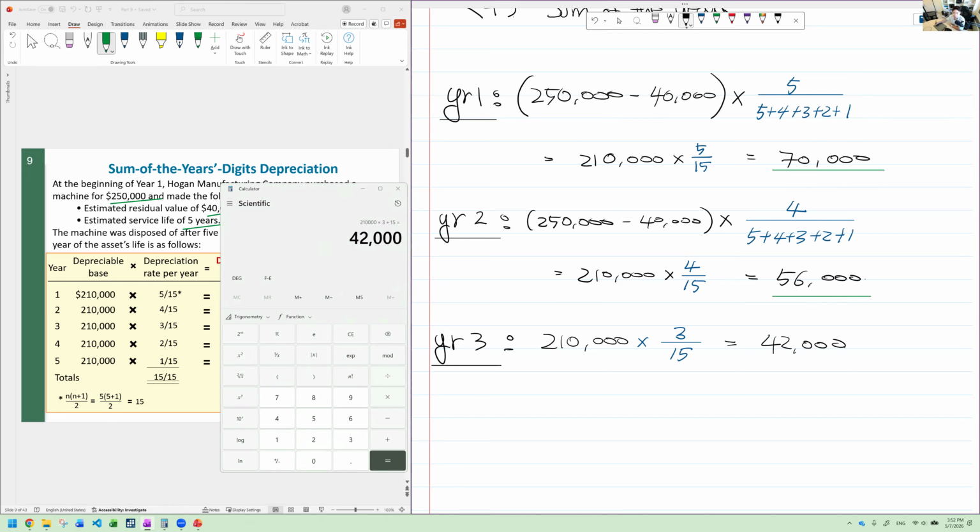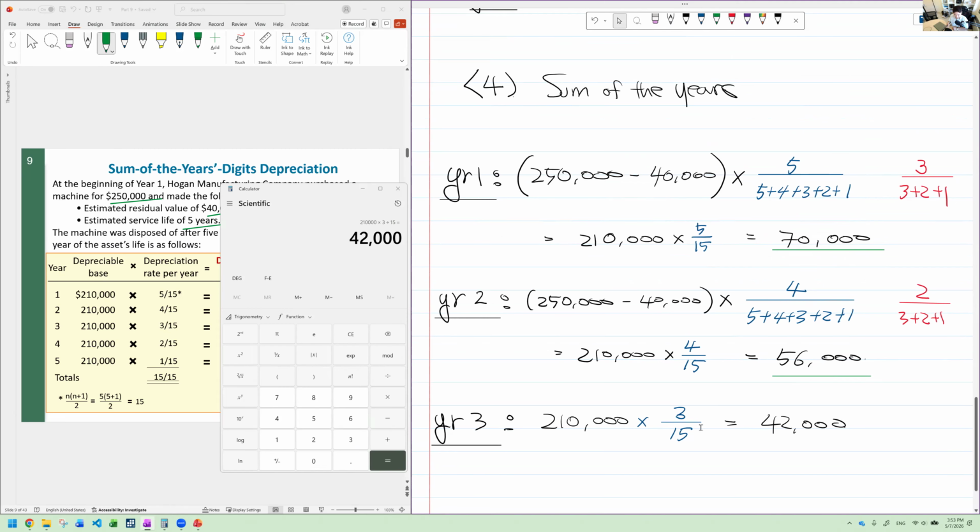Now, if it is a 3-year service life asset, then in year one, it is going to be 3 over 3 plus 2 plus 1. And then year two, it is going to be 2 over 3 plus 2 plus 1. So this is the sum of the years method. Like I said, this method only exists in the CPA exam, but I've never seen a company in the real world that actually uses this depreciation method.